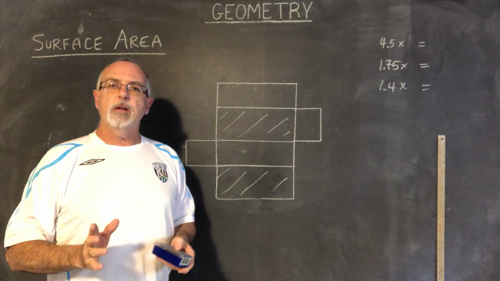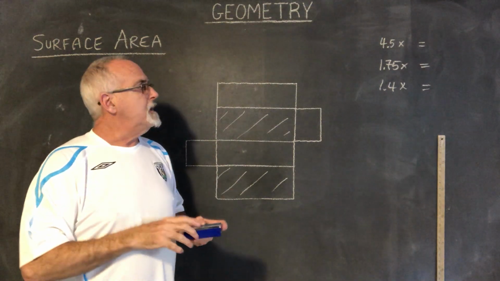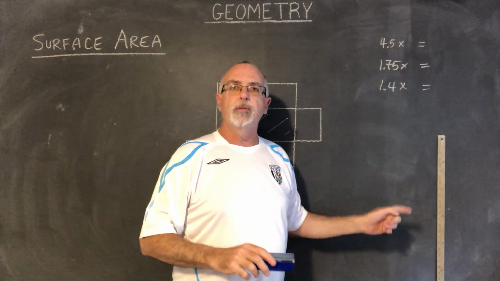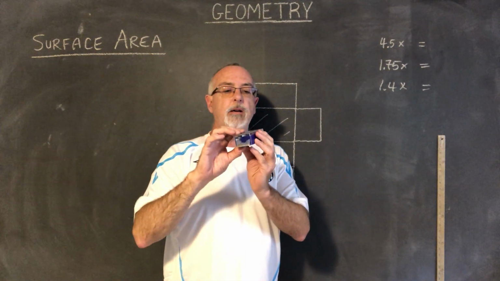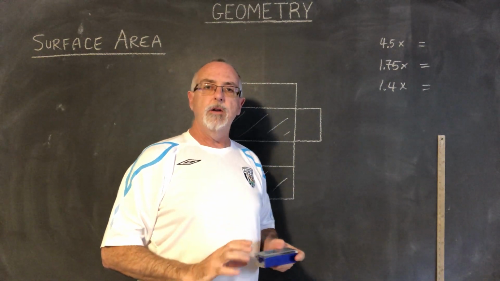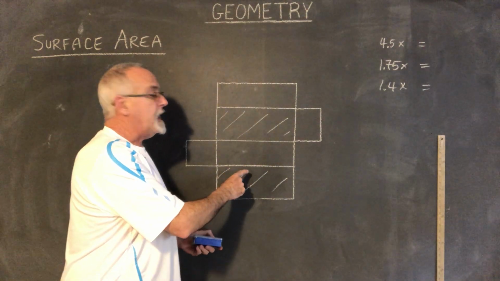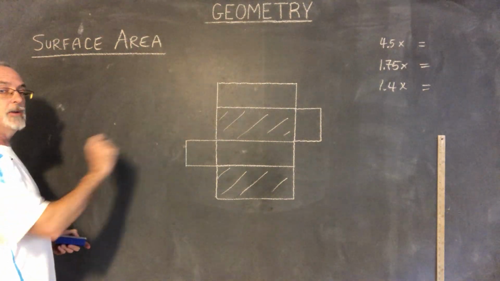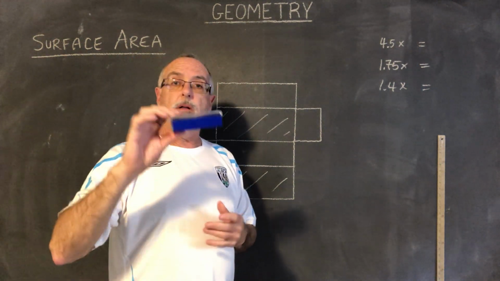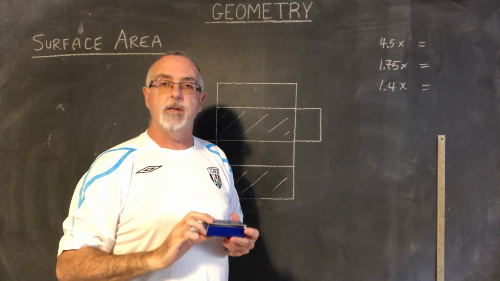But when I decided to start recording this particular lesson, I decided that I didn't want to multiply all of the side lengths of these rectangles by 3. I want to do a brand new net, and I'm going to do it right here beside the original one, and I'm going to multiply all of the dimensions by 4 instead of 3.